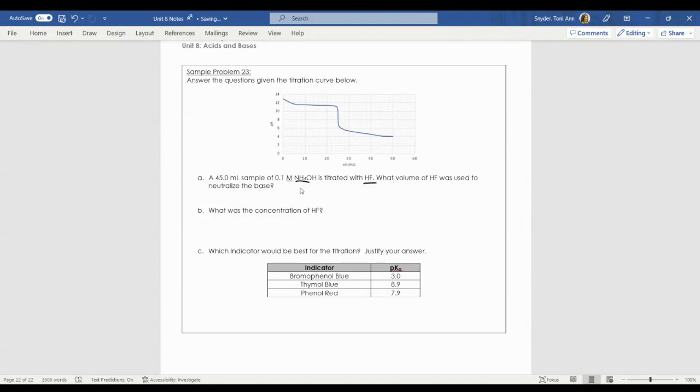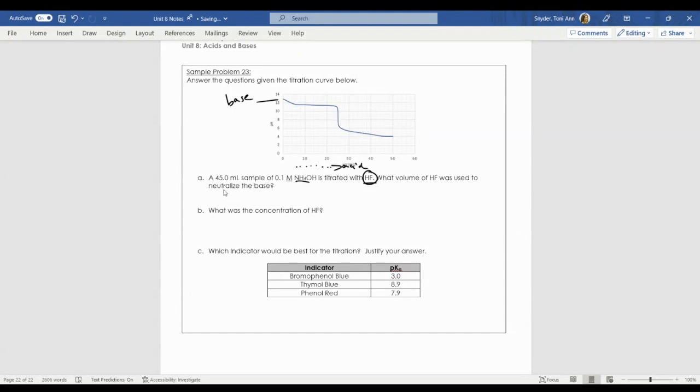I don't have to do any work for this because the titration curve tells me what volume of HF was used. We're titrating it with HF, and we can tell that because my pH is starting off pretty high, so this must be the base. I'm titrating with acid because as I go across, my pH is going down.